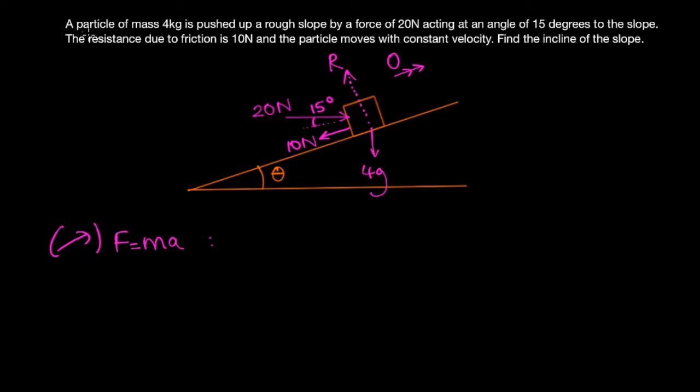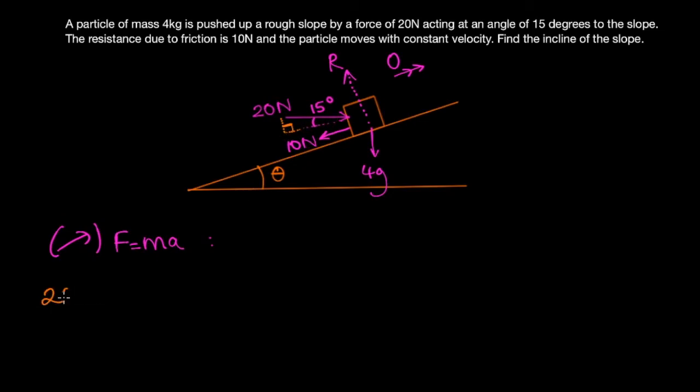So the force driving the particle up the slope is the component of the 20 newton force which is parallel to the slope. So if we think about this as the right angle triangle again, then the component parallel to the slope is this component right here. It's adjacent to the angle 15, and therefore because it's adjacent, we're going to use cos.